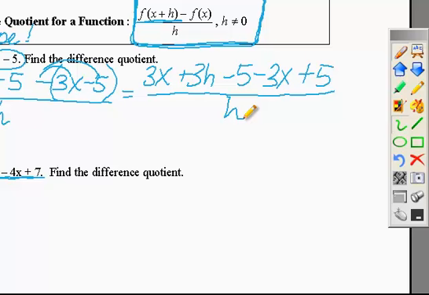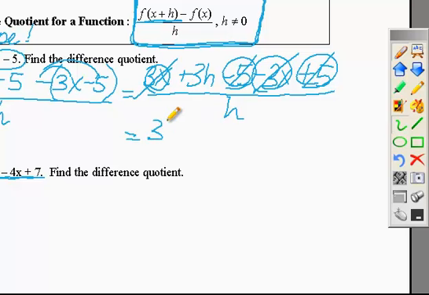You should notice that things cancel out. Whenever you do a difference quotient, there are going to be things like 3x and negative 3x that'll cancel, and 5 and negative 5 that will also cancel. You're left with 3h over h, and assuming that by definition h isn't 0, my answer then is 3.